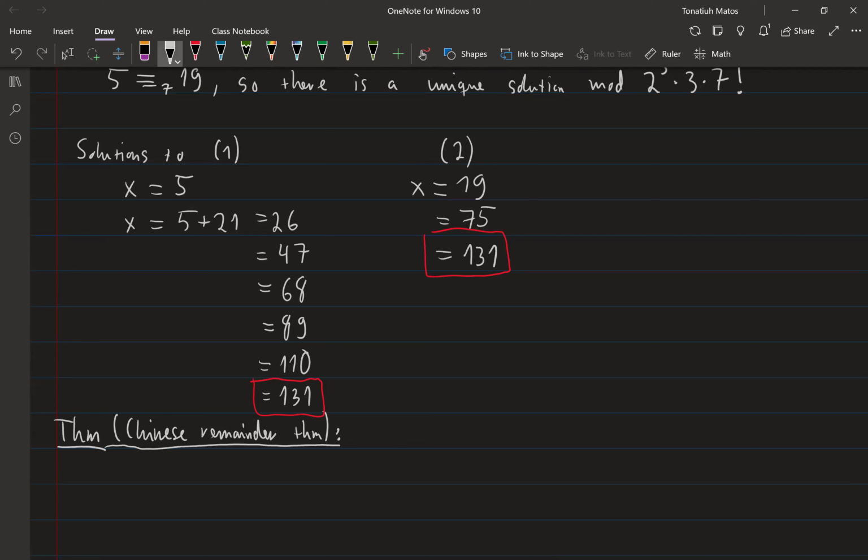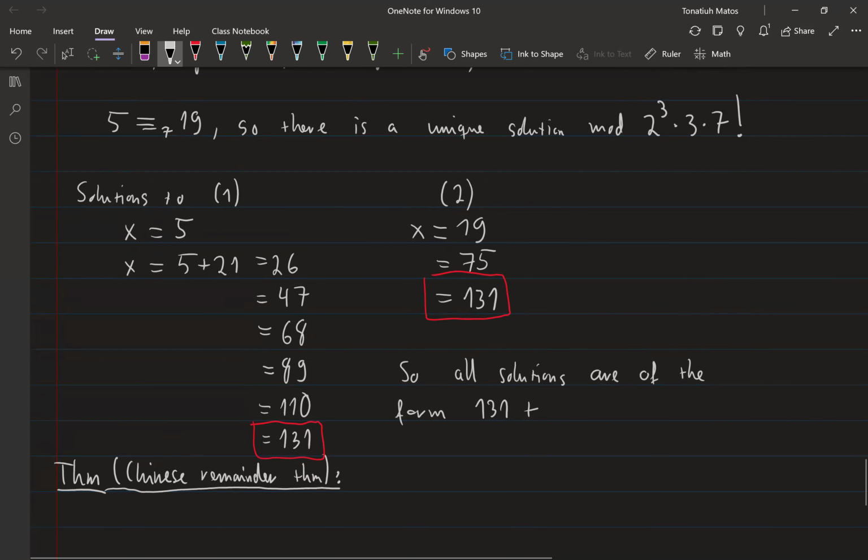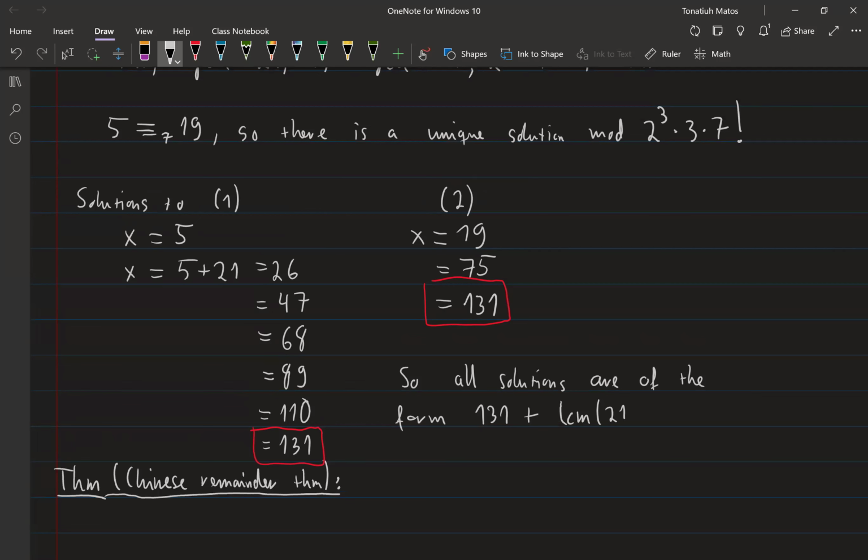So all solutions are of the form 131 plus some multiple of whatever this large number was, the least common multiple of 21 and 56.